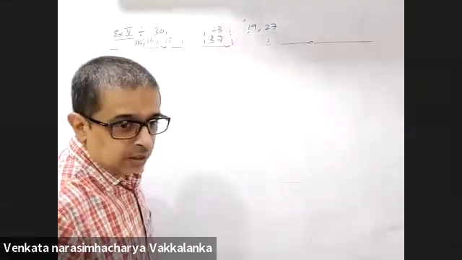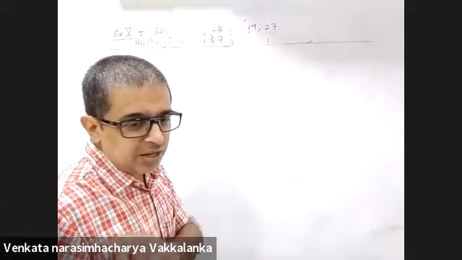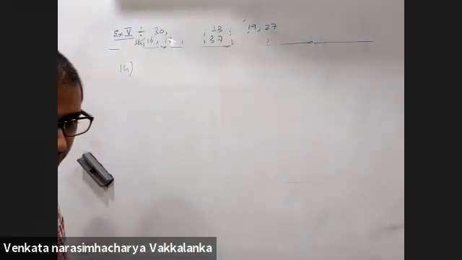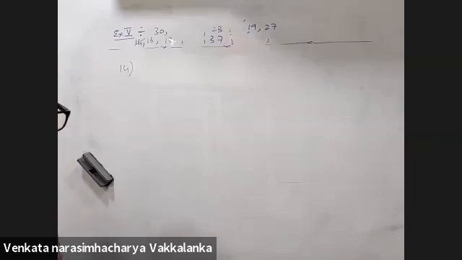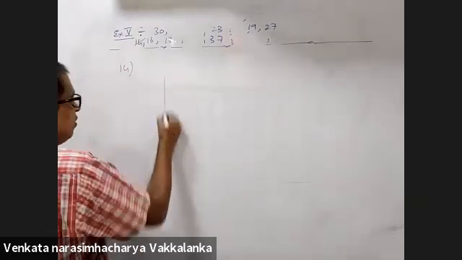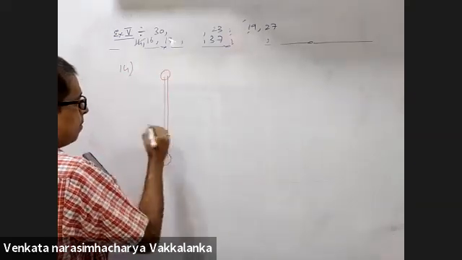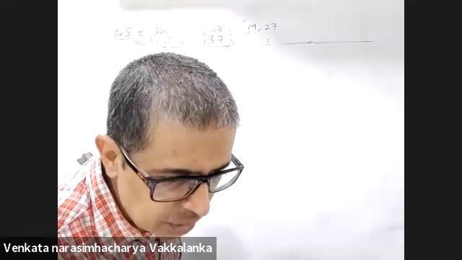Listen. 7m and 3m are fastened to the two ends A and B respectively of a weightless rigid rod 15 feet long. Now, where is it hinged?